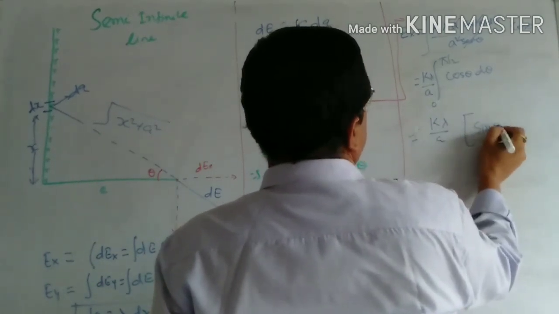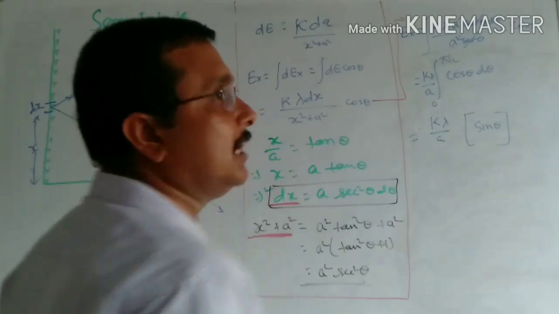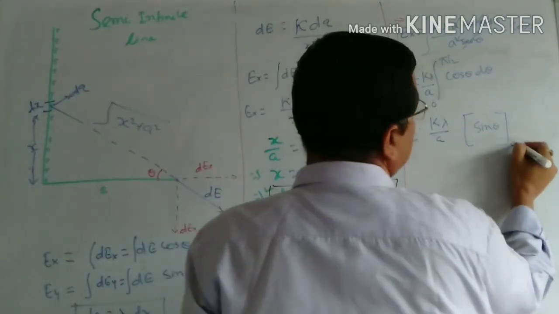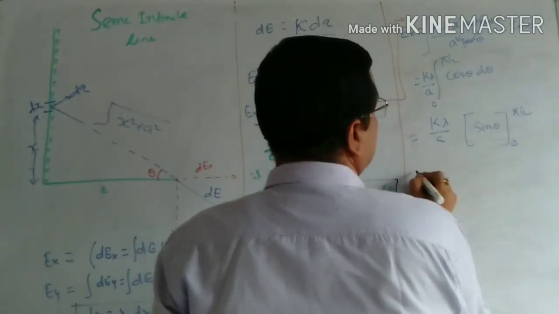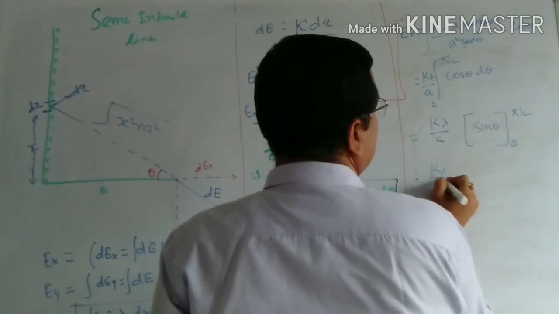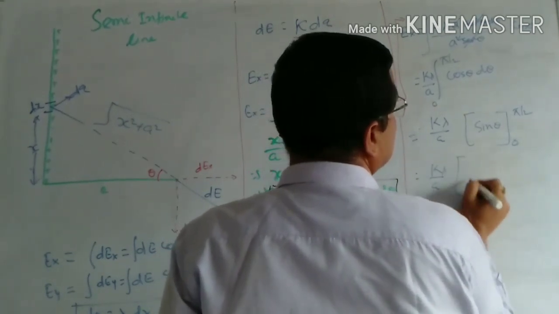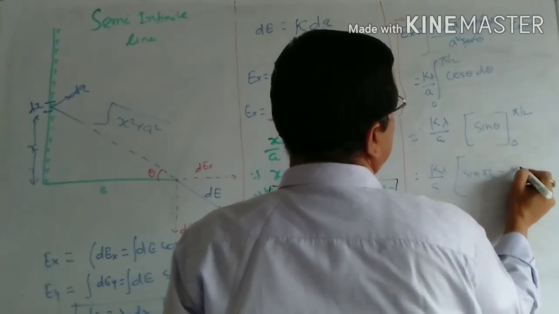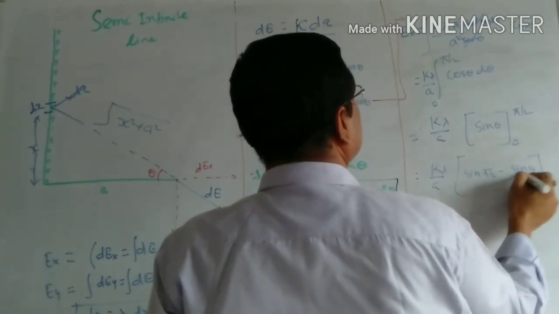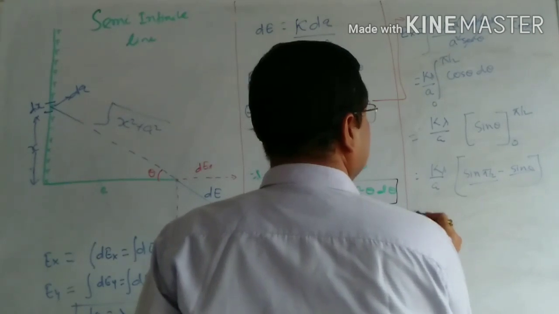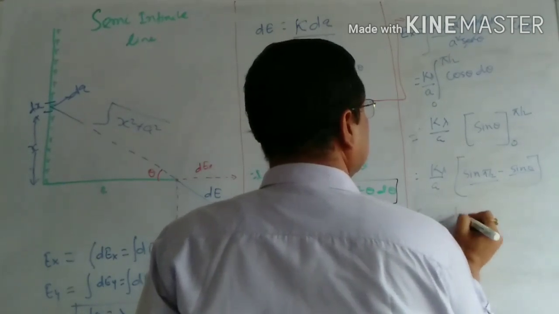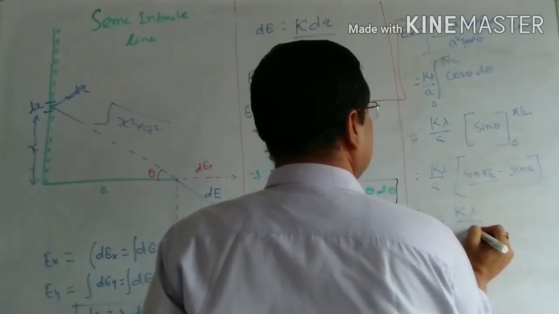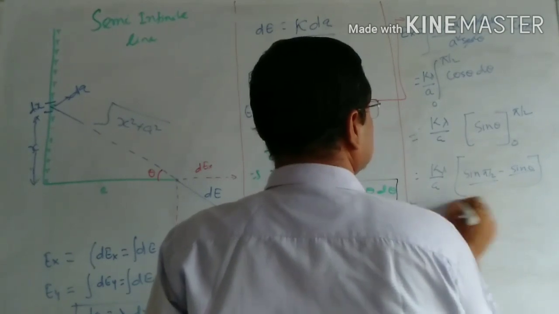Again this is sin theta, because integration of cos theta is sin theta, but now the limit is 0 to pi by 2. So k lambda by a, sin pi by 2 minus sin 0. Sin 0 is 0, sin pi by 2 is 1.